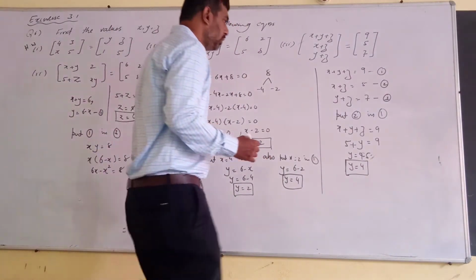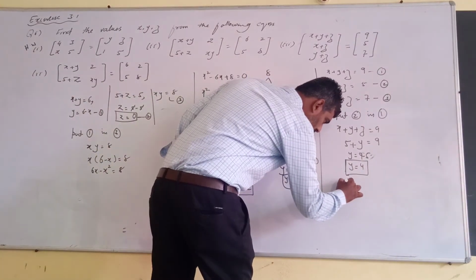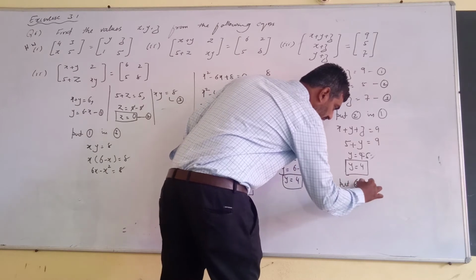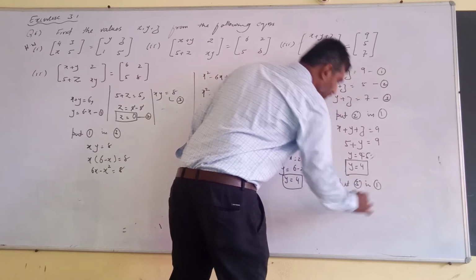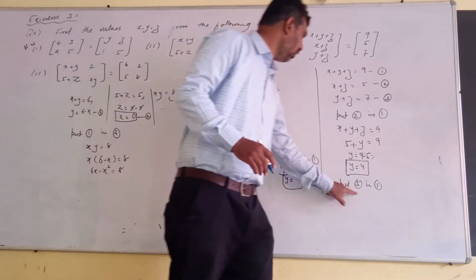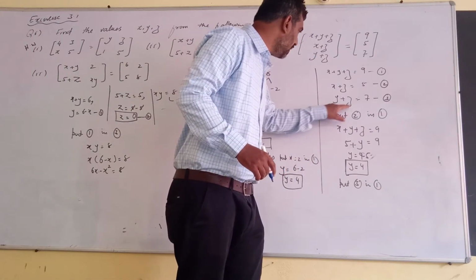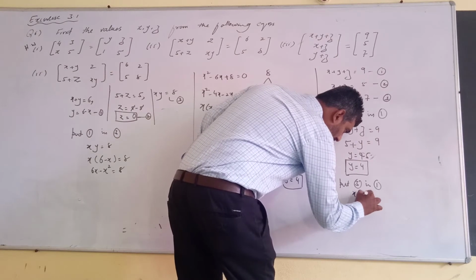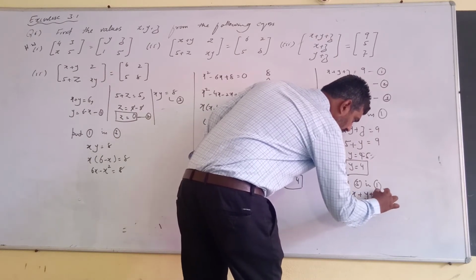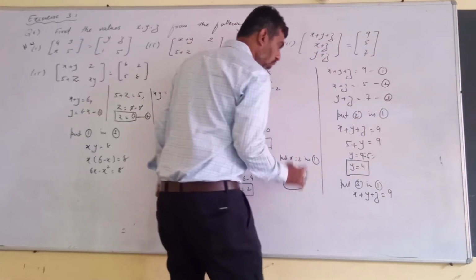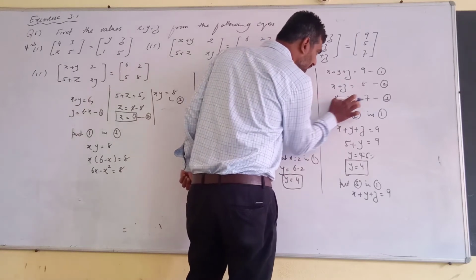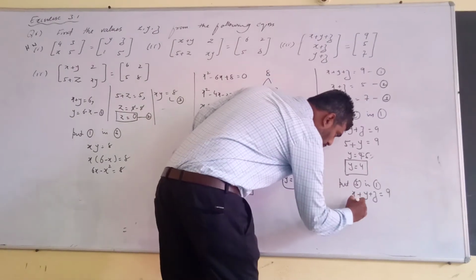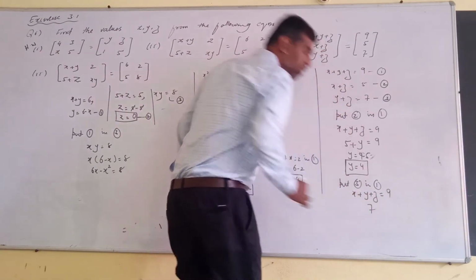Now put equation 3 in 1. What is equation 3? y plus z is equal to 7. See here, x plus y plus z is equal to 9, and y plus z is equal to 7.